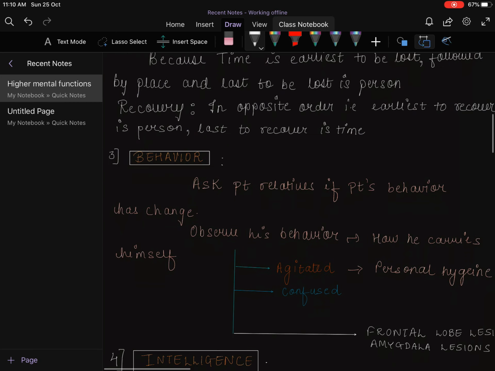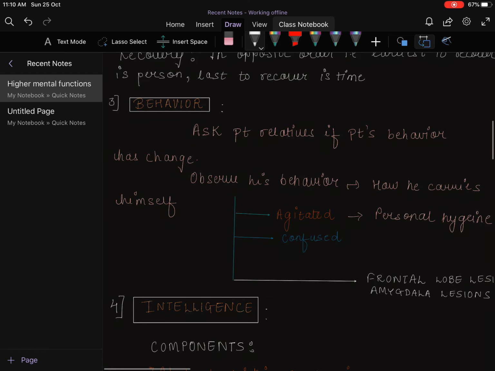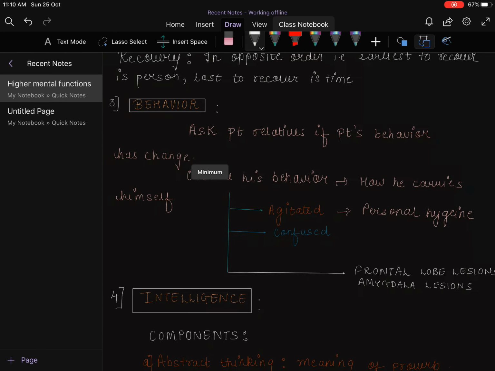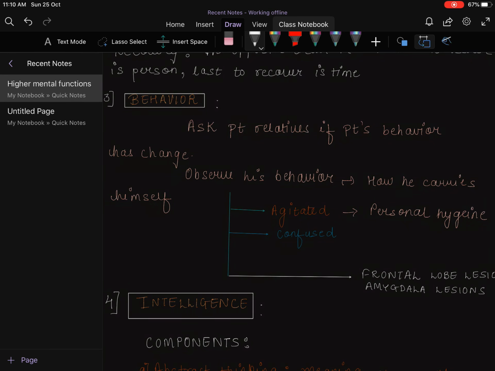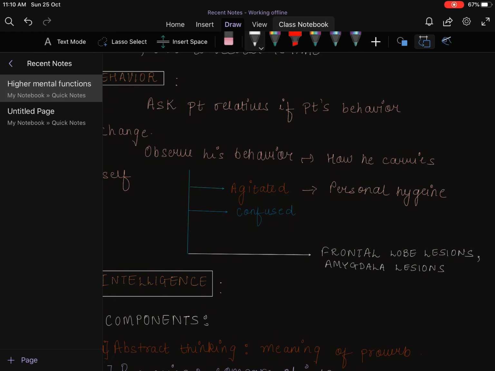Now coming to the next part, that is behavior. You can ask the patient's relatives whether his behavior has changed or not, and observe his behavior, how he carries himself, his personal hygiene and so on. He can be agitated, confused, or normal, but something which always enthralls me is the behavior change after frontal lobe lesions.